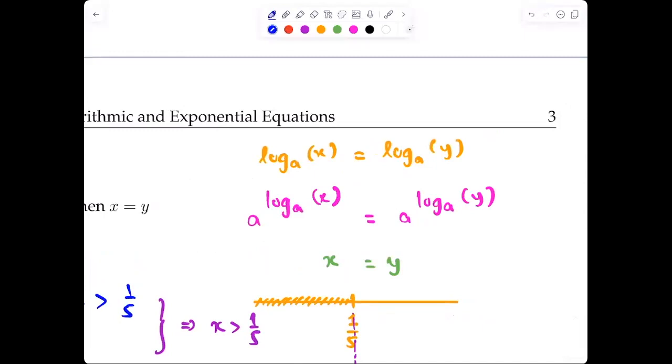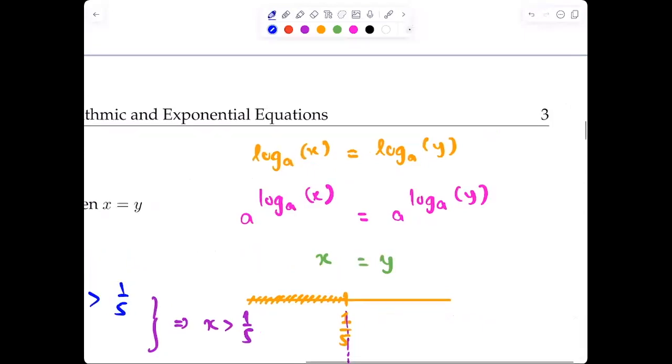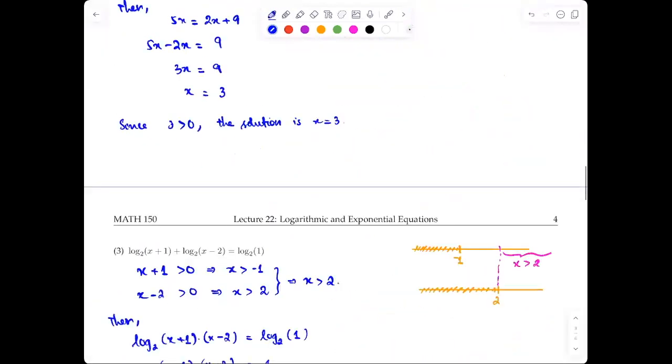What you do is you look at the base and you take a raised to the log of base a of x equal to a raised to the log of base a of y. Again, you use the cancellation property to arrive at this equation x equal to y. Okay, so we're going to utilize this approach. You look at the base and then raise that to the log function.